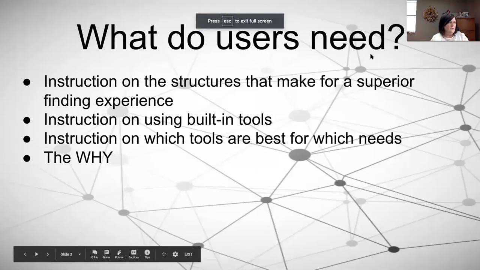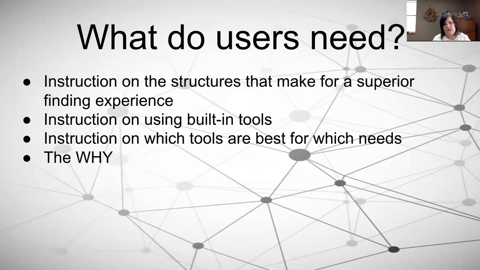So if you're asked to collaborate with a teacher, come in and show kids how to use History in Context, or help kids use PebbleGo, here are a couple of things that will be super helpful. They will need instruction on the structures that make for a superior finding experience. That's what we just looked at: the organization, the reviews, the specialized purpose.